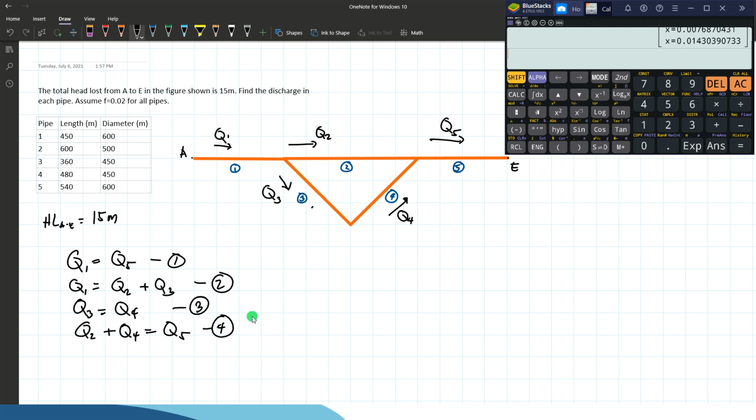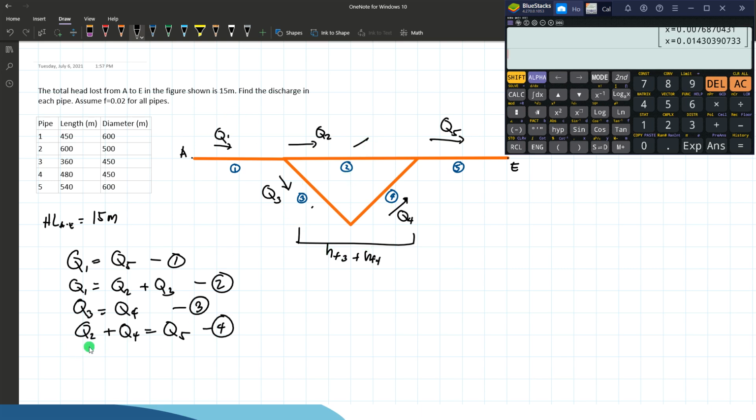How about the head loss? Okay, so we have parallel pipes here. Pipe number 2 is parallel to pipe number 3 and 4. Take pipe 3 and 4 as a whole, and this pipe 3 and 4 is parallel to pipe number 2. So if we take the total of head loss on this series connection pipe 3 and 4, this is parallel to pipe number 2.